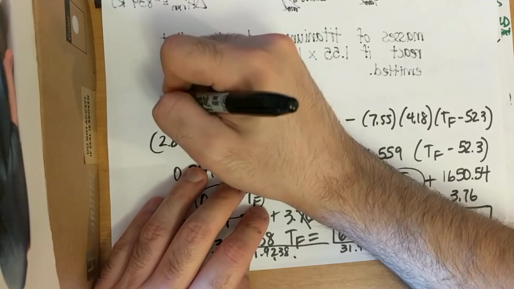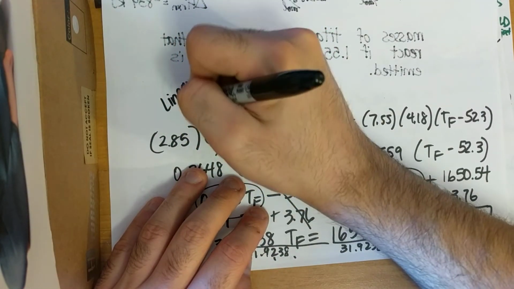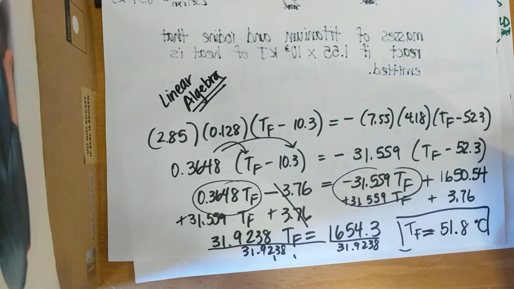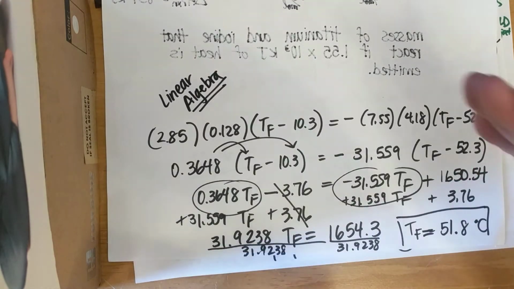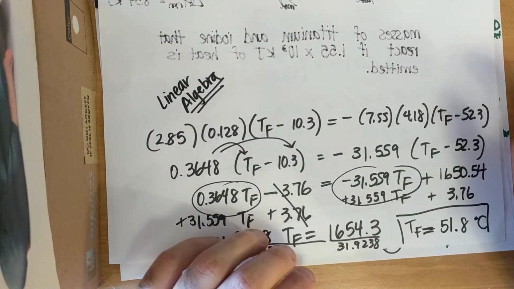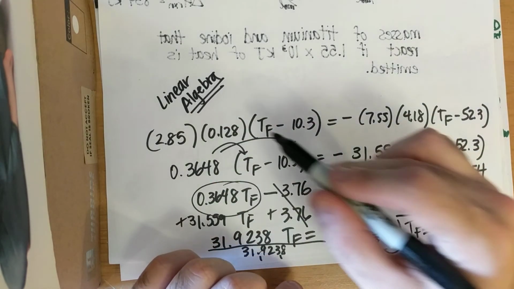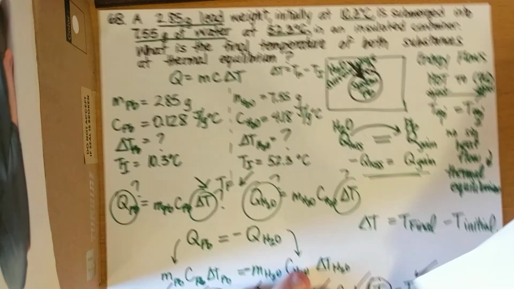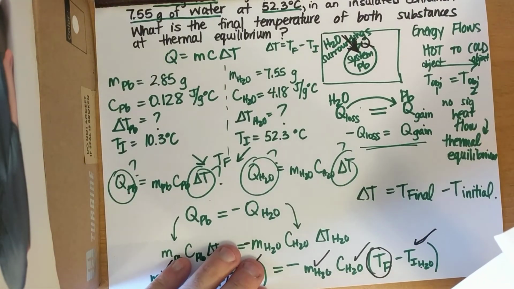This is linear algebra. If you have an issue with linear algebra, please let me know, and we'll try to do this differently or show a different video doing straight linear algebra, where you solve for the one variable. Watch my previous video where we got to that equation by setting both Q's equal.